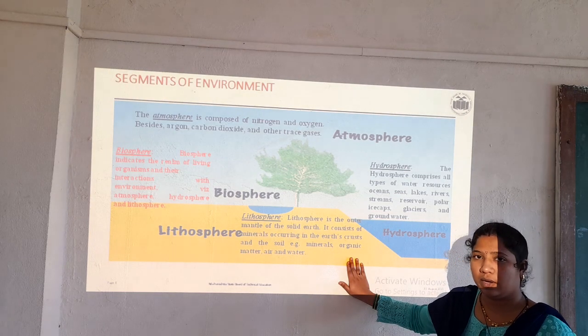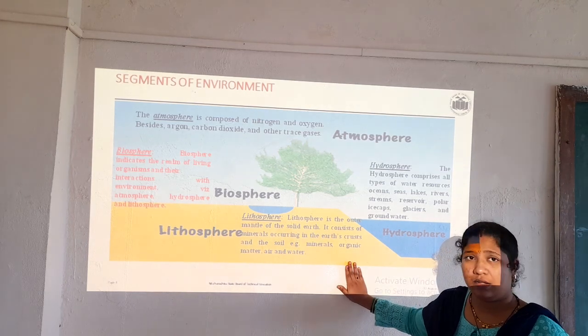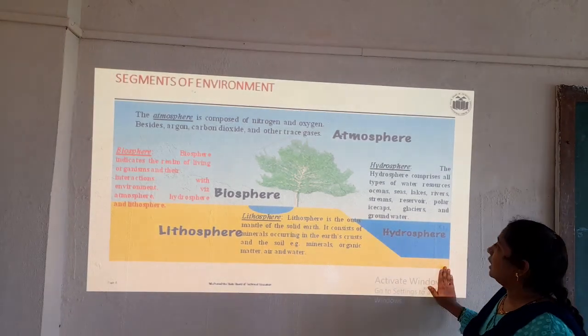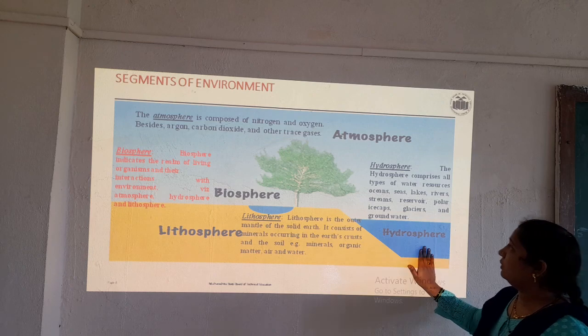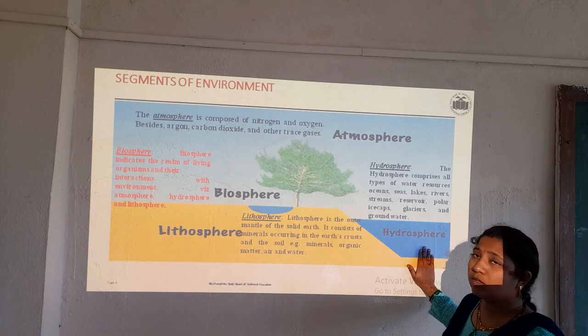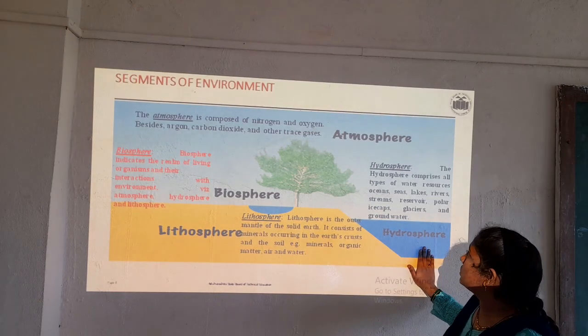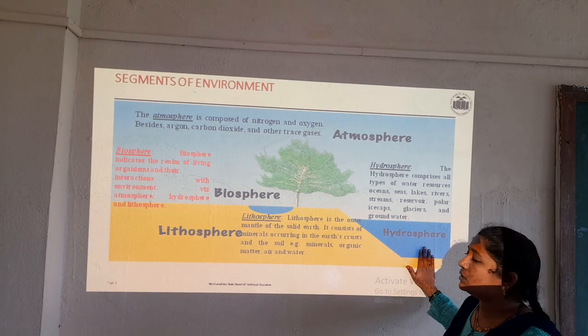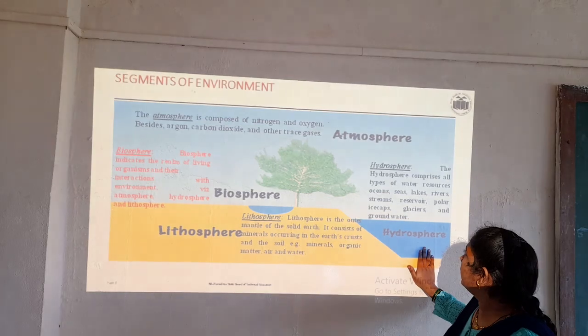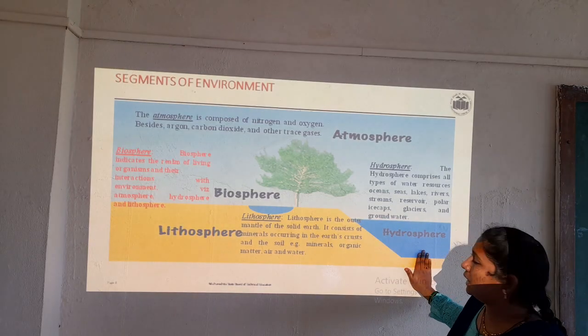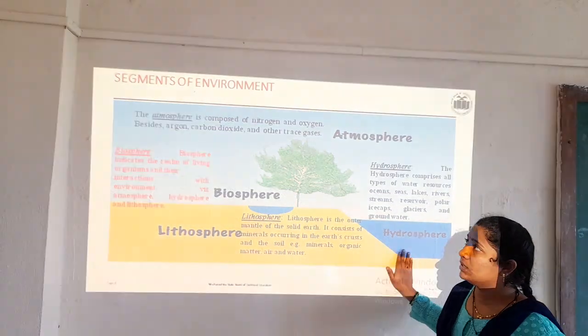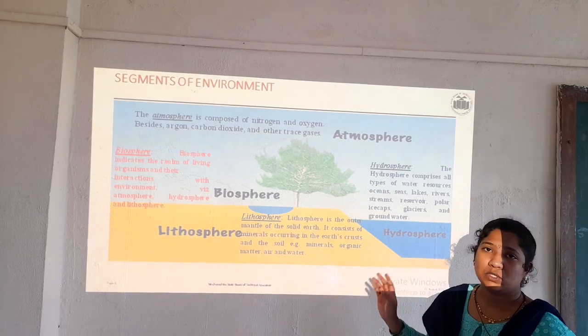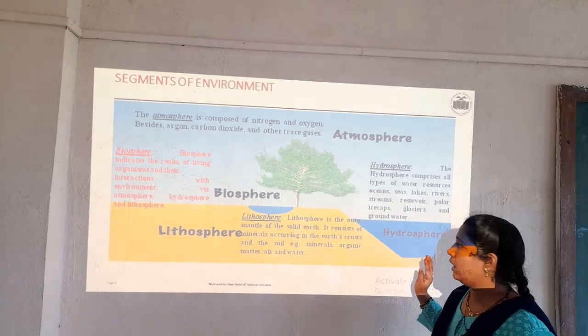Example: mineral, organic matter, air and water. And last one is the hydrosphere. The hydrosphere comprises all types of water resources: oceans, lakes, rivers, streams, reservoirs, polar ice caps, glaciers, etc. So these are the segments of environment: atmosphere, biosphere, lithosphere and hydrosphere.